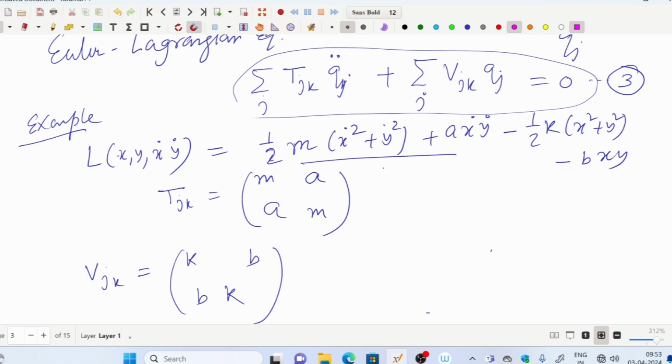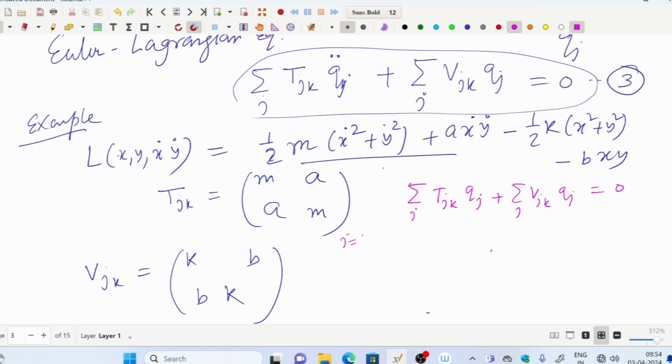So you have now j with two values: the sum over j of T_jk q_j double dot plus the sum over j of V_jk q_j equal to 0. This is our equation.